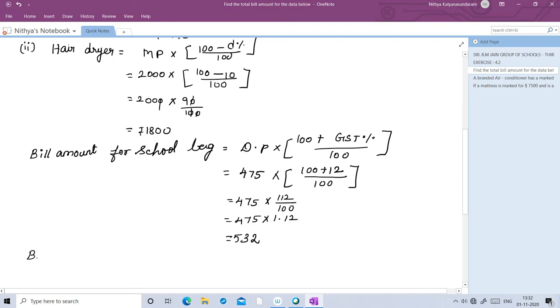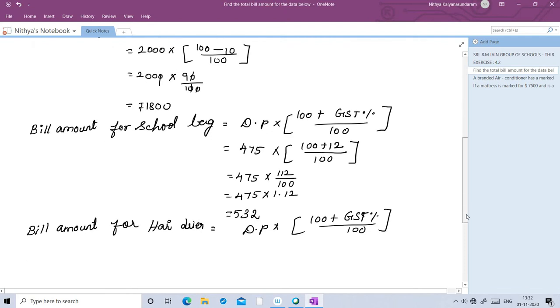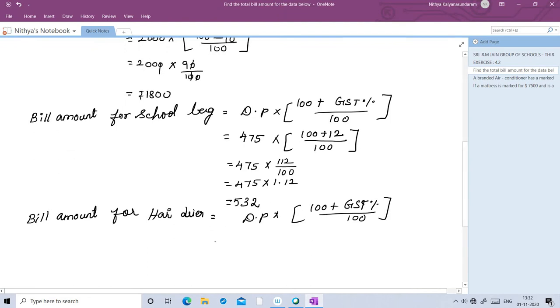Then next you want to calculate the bill amount for the hair dryer. It's equal to discount price into 100 plus GST percentage, divided by 100. We already calculated the hair dryer as rupees 1800.